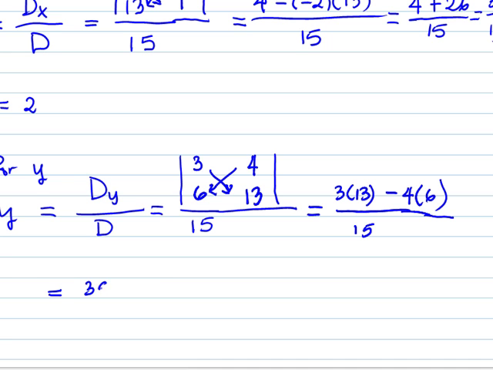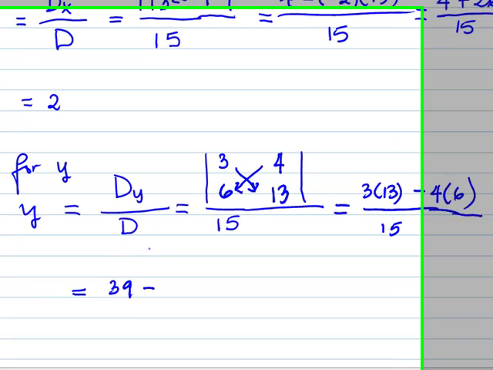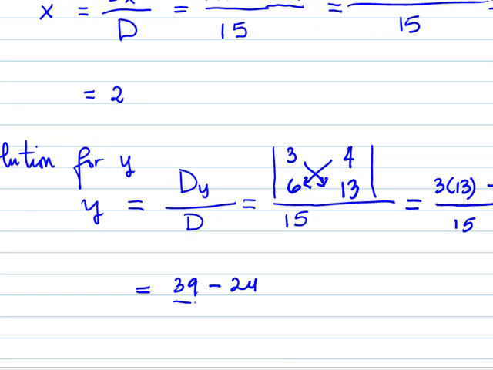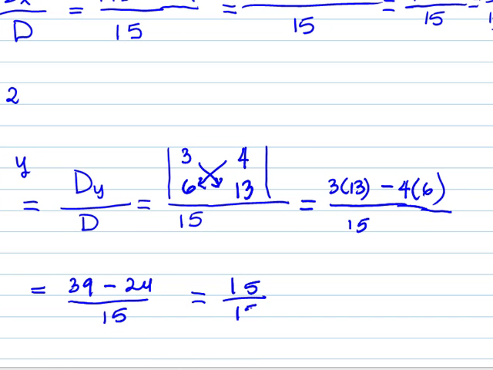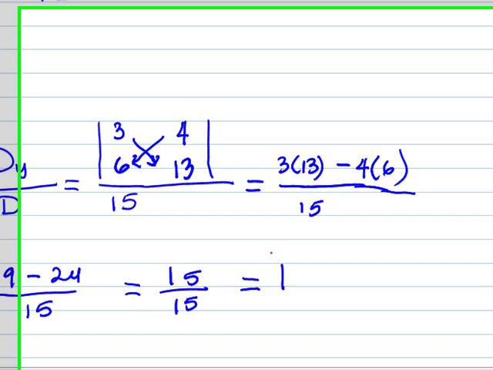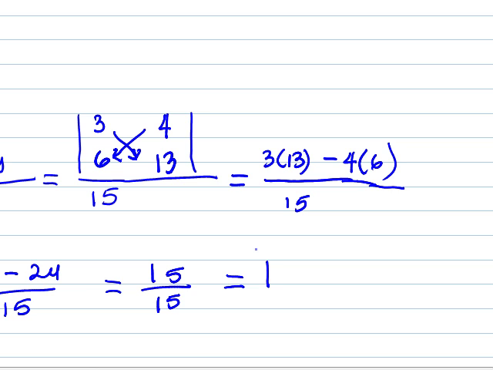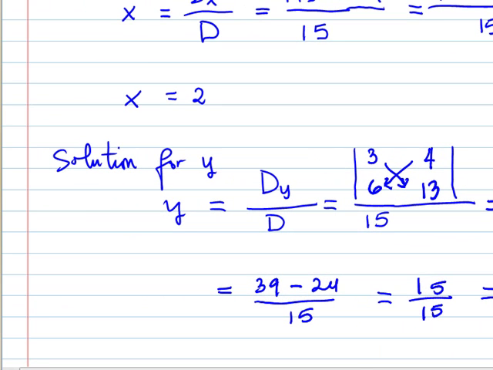So I have 39 minus 24 over 15. So I have 15 left. So 15 over 15 is 1. So the solution of our problem would be x equal to 2 and y is equal to 1.